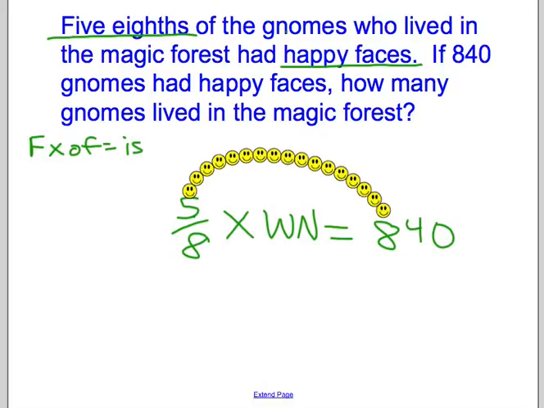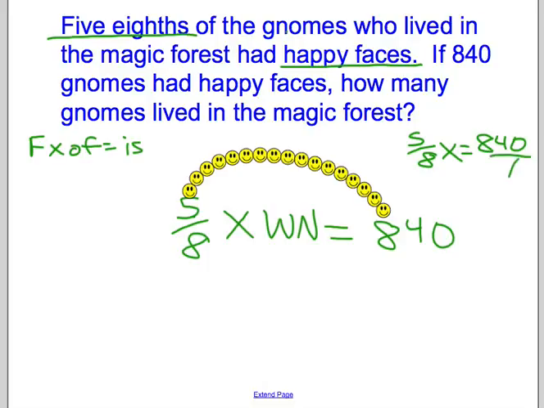All right? How do I solve this now? If I rewrote this as 5/8 x equals 840, how would I solve it? I would have to get x by itself by doing what, class? Multiplying by the reciprocal. So we put 840 over 1.